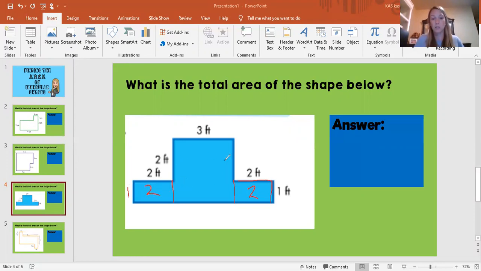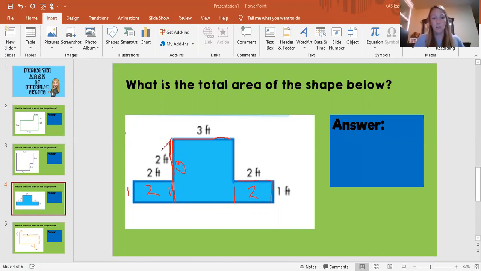Now this is where it's going to get a little tricky. I know this is 3, but this side over here is 2. But look, this 2 only is talking about this part right here. I need to keep going down all the way. But remember, if this was 1, then this was 1. So really, for this whole side, we have 2 plus 1, which is 3.